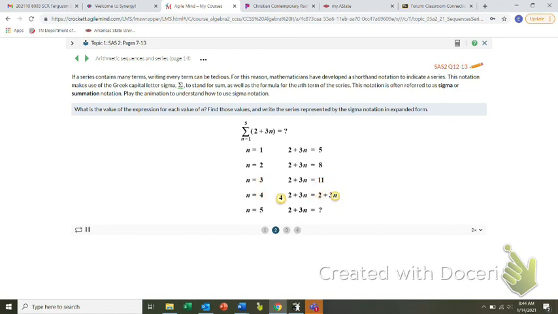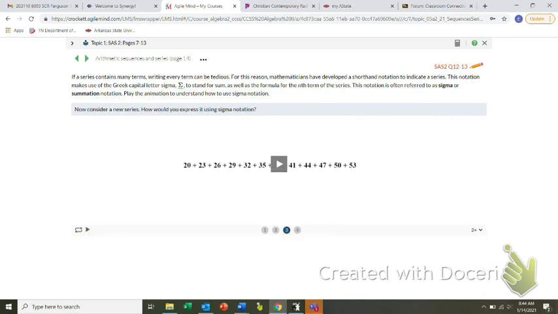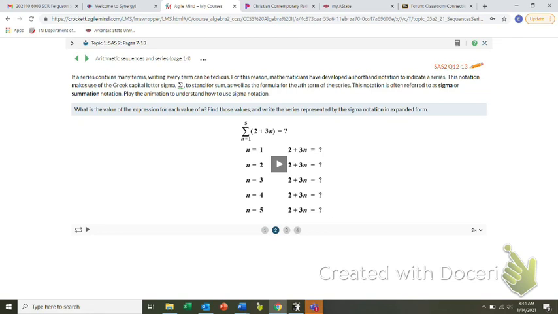You plug in a 4, you get out a 14. And you plug in a 5, and you get out a 17. Now, look at those numbers. They are increasing by what every time? They are increasing by 3 every single time. Got it? That's all that means.